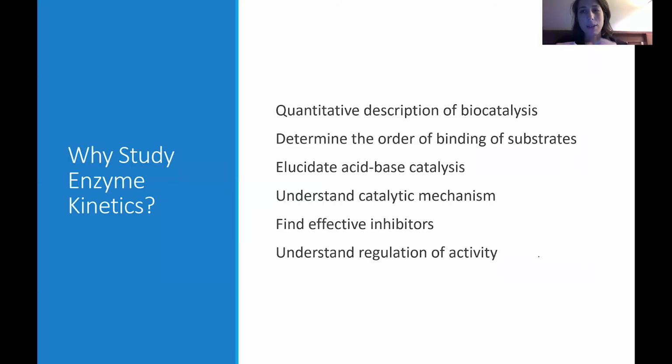So again, why do we study enzyme kinetics as a whole? Why is this such a big field? Again, it gives you quantitative descriptions of the biocatalyst. So you're going to get an actual number that is related to how well it does its job at catalyzing a reaction.